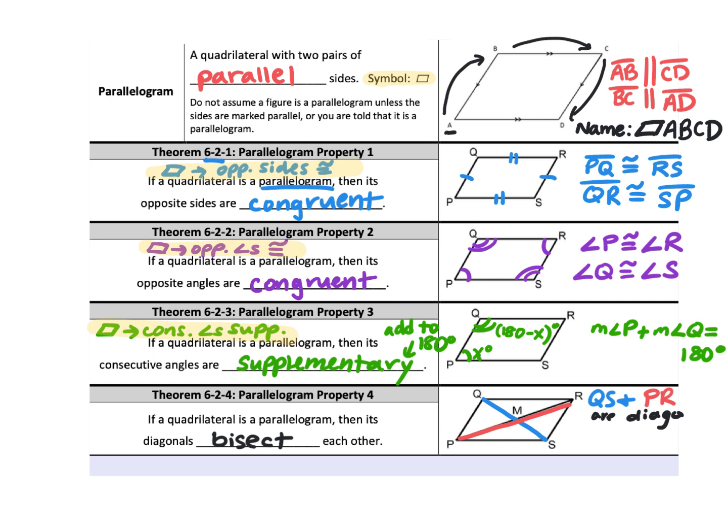What this theorem is stating is that if this is a parallelogram, the diagonals are bisecting each other. That means where they meet, it divides the diagonal into two equal parts. So that QM is congruent to SM, and the other diagonal is also bisected, so that would be PM congruent to RM.